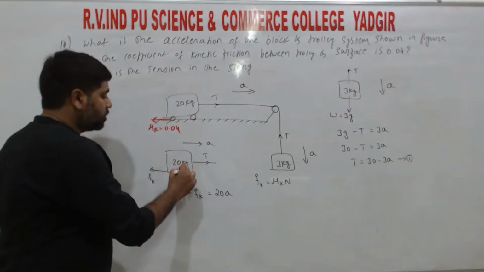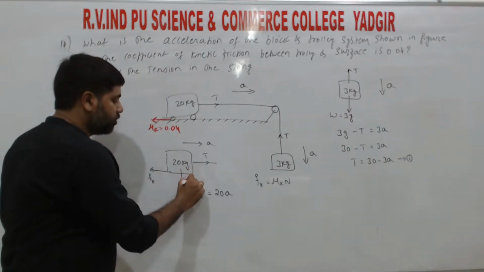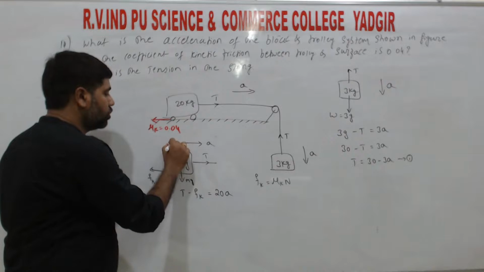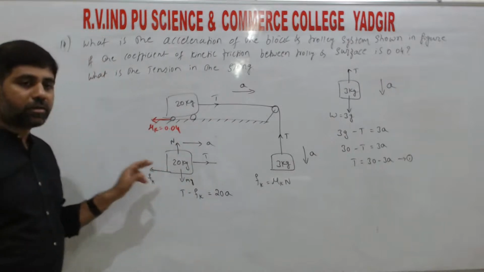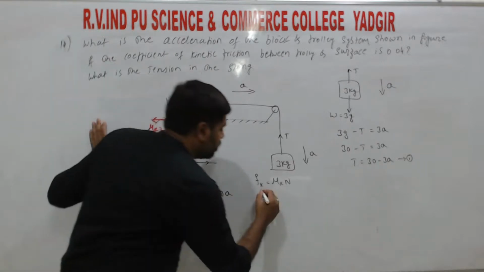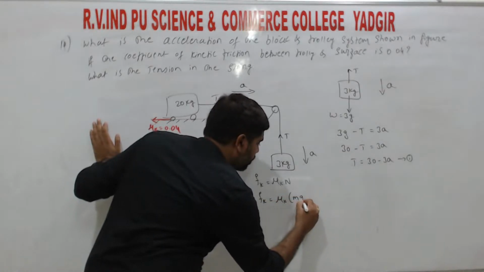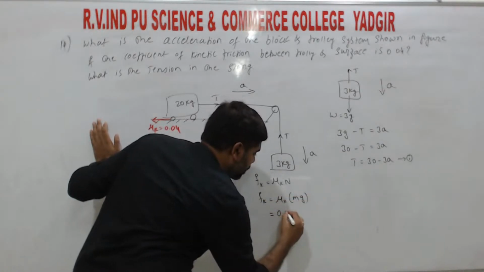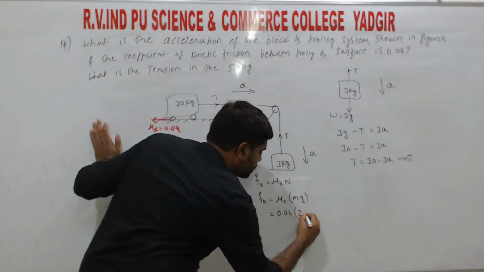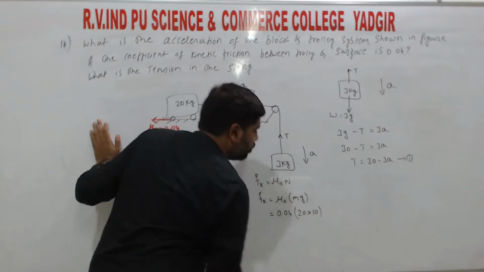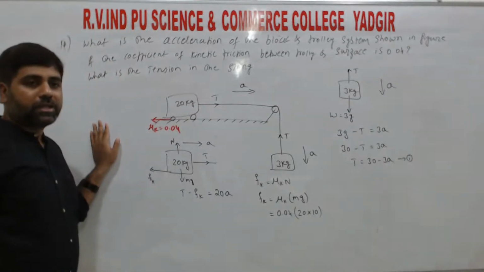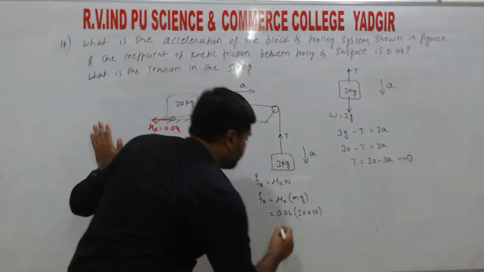So Fk is equal to mu k into N, where N is the weight, that is mg, is equal to N. So N we can write as mg, right? So Fk is equal to mu k into m into g. So mu k is given as 0.04, mass 20 kg, into acceleration due to gravity 10, right?